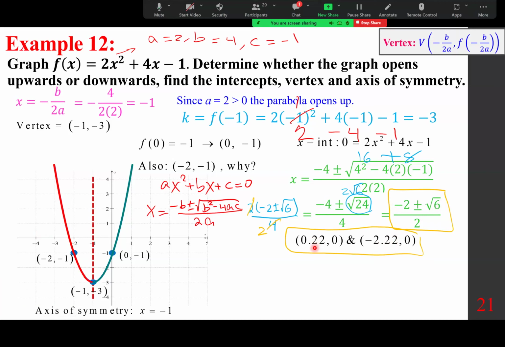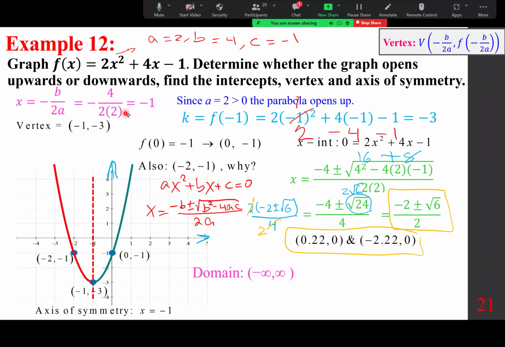And those are the 2 points, okay? And just so you remember that, this is the x and y axis. All right.